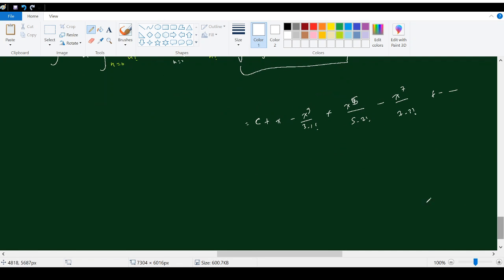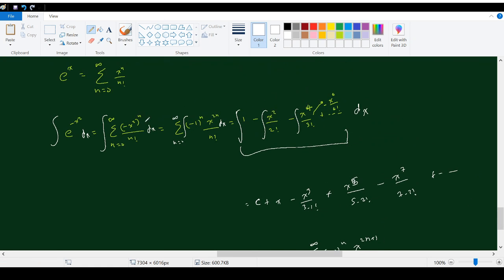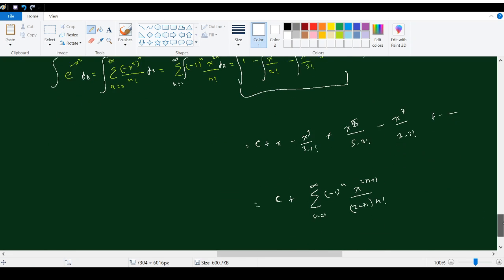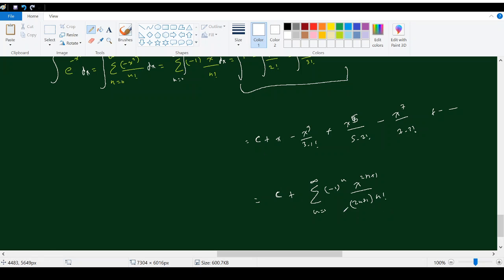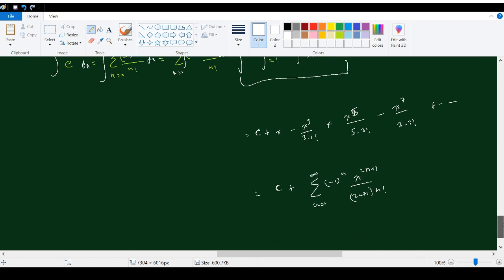So eventually we will end up with a power series expansion of this format: 2n plus 1 over n factorial, which is basically the power series, the integral of this general term. Okay, and you have to have an arbitrary constant since you are doing the indefinite integrals.